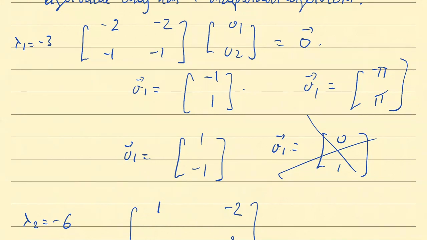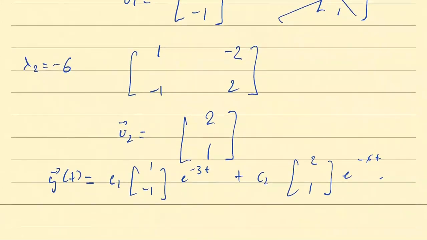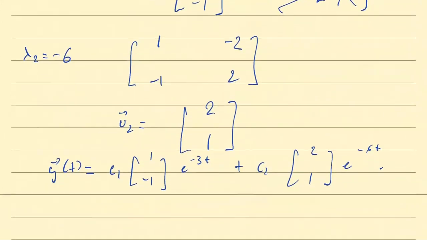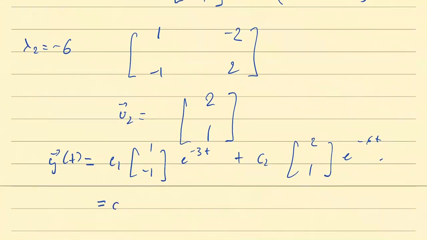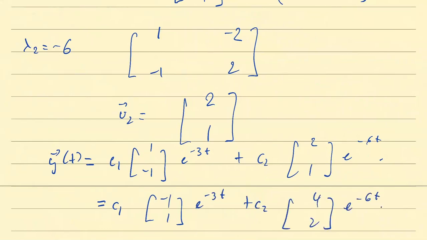You have uniqueness here. So prior to that, the form might look different. For example, another choice here would be C1 (1, -1) e to the minus 3t plus C2 (4, 2) e to the minus 6t. Either one is fine prior to the initial condition.